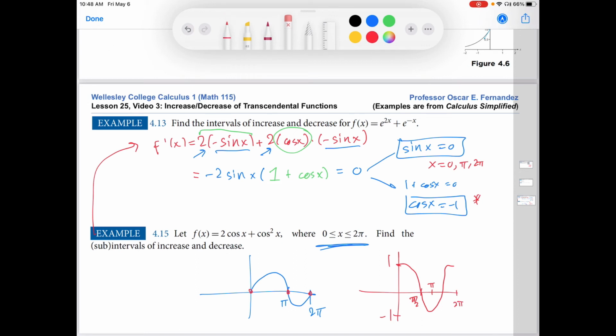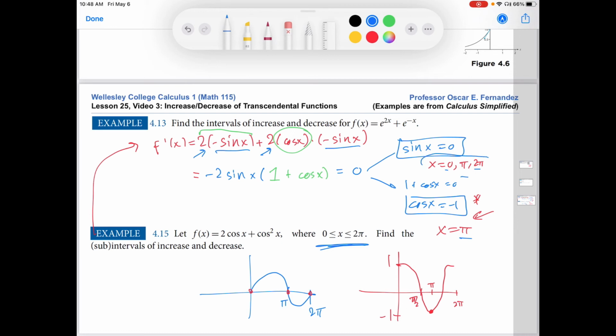Again, these are sketches, not the actual graph, but we're looking for where cosine is negative 1. Right over here is the x value between 0 and 2 pi where cosine of x is equal to negative 1. So x equals pi. From these sets of numbers, pi is already included, and we also have 0 and 2 pi.